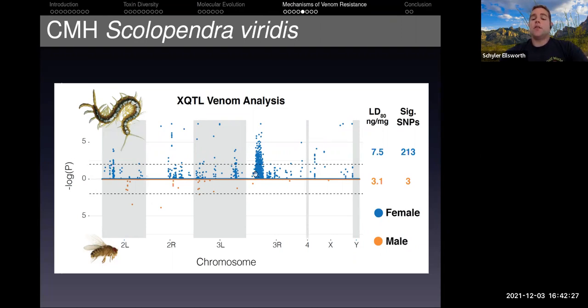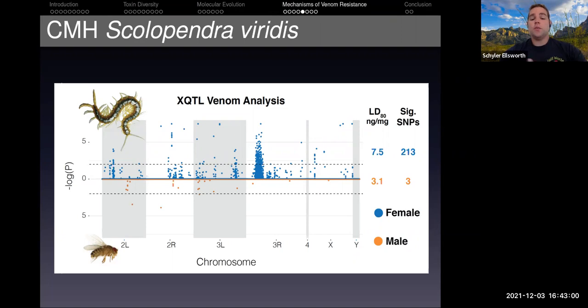From these results, I identified 213 significant SNPs, or single nucleotide polymorphisms, across the genome that corresponded with changes between the control and the venom-injected replicates in the females. We can see those above this dotted line. However, in the male fruit flies, I was only able to identify these 3 SNPs. So there was quite a big contrast between the males and the females.